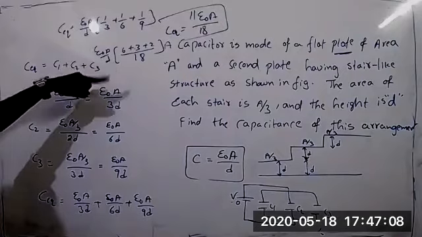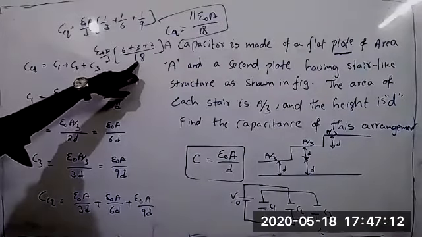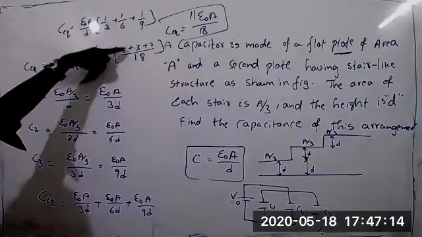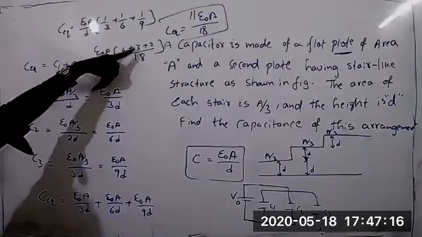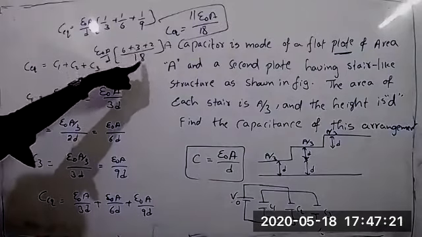LCM will be 18. 3, 6 times, 6 into 1. 3 times, 3 into 1. 2 times, 2 into 1. Yeah, 9, 11. Correct.